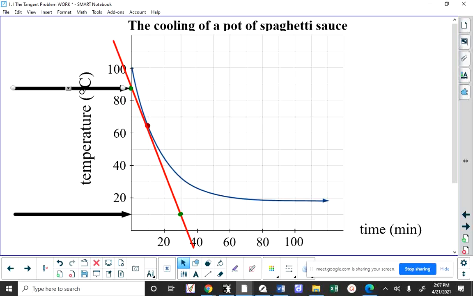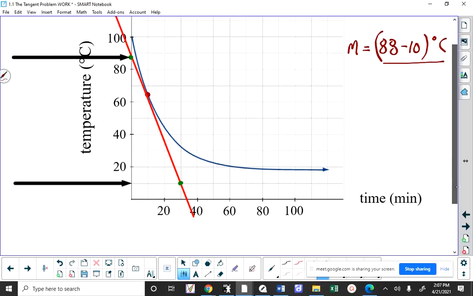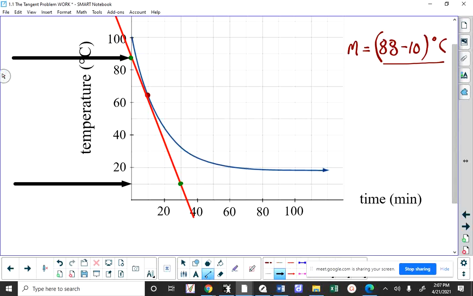Okay. So for my first line, my slope will be 88 minus 10. These are degrees Celsius over, what will my run be? My run goes from 0 to 30.